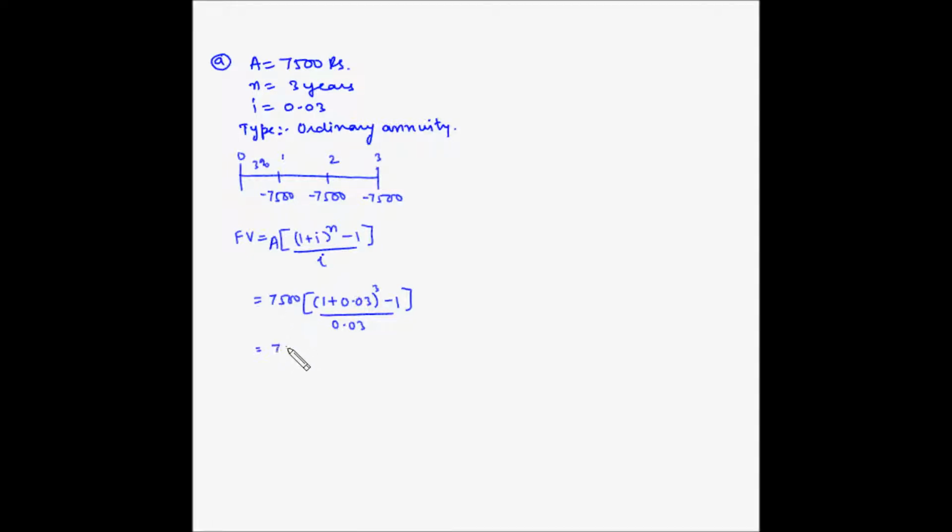So this is 7500 into (1.03 cube minus 1) divided by 0.03. Let me pull my calculator here.